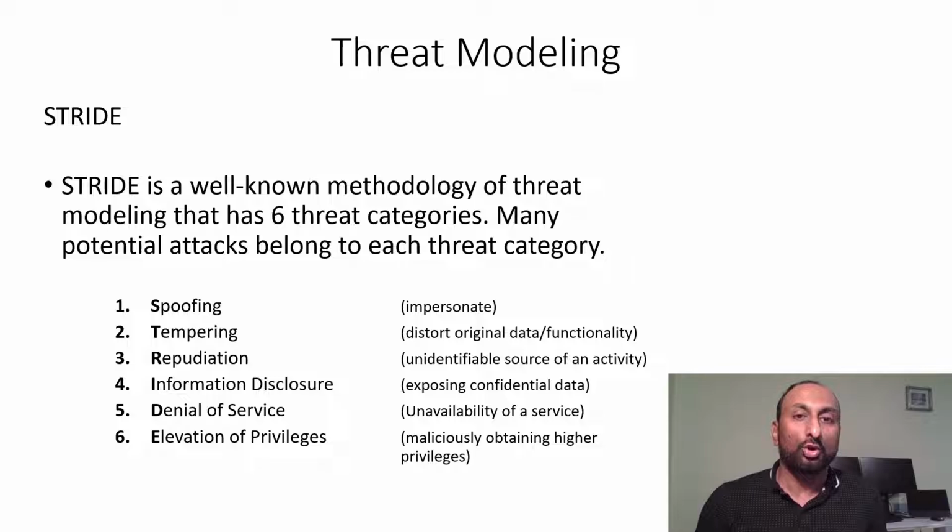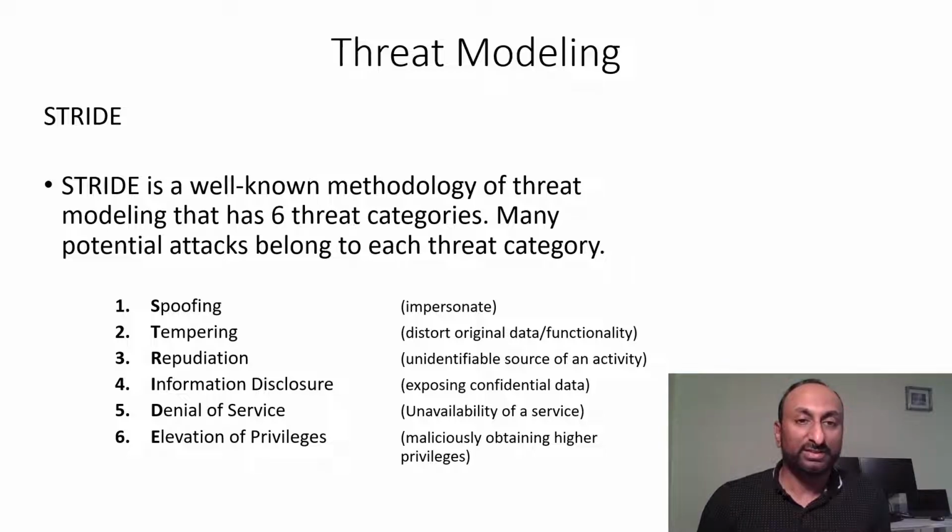Repudiation includes all those flaws that a malicious actor can exploit in order to make the source of an activity unidentifiable. Information disclosure includes all those flaws or weaknesses that a malicious actor can exploit to breach confidentiality.